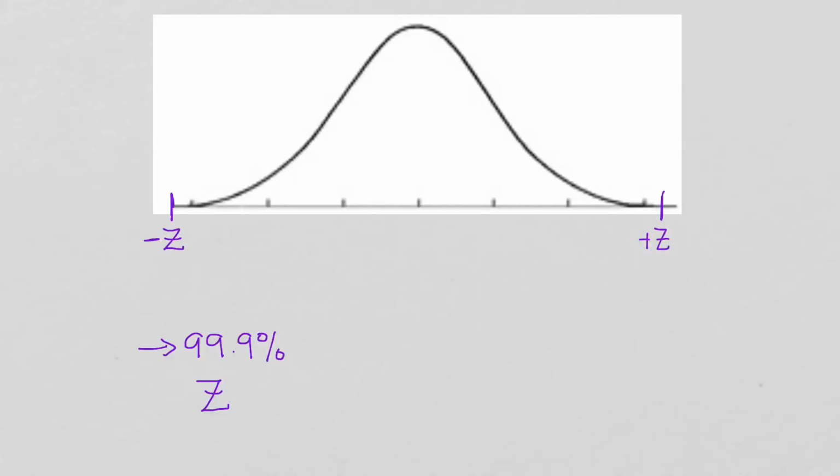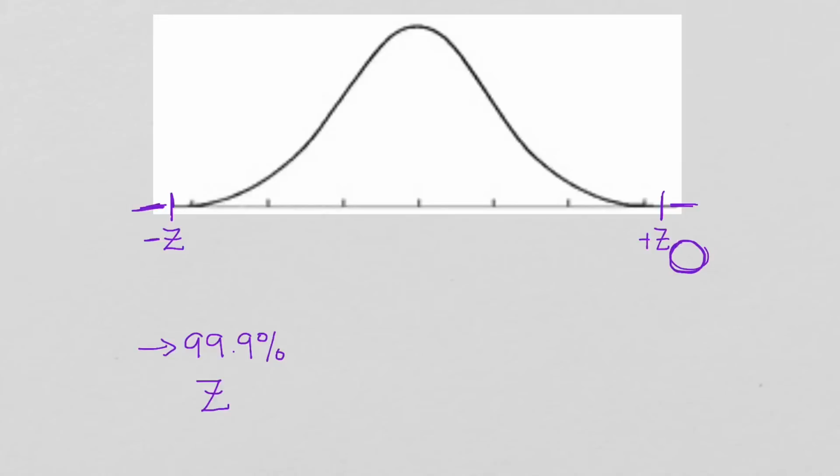So we're looking for z, and remember, we can find critical values, z sub alpha. In this case, we have z sub alpha over 2 because of our percentage being split between 2 tails. So that's where the divided by 2 comes in.